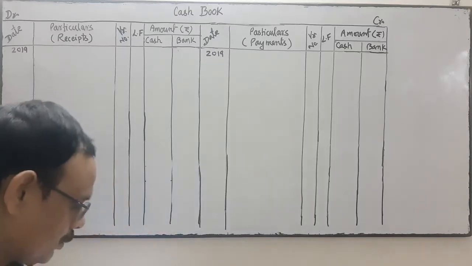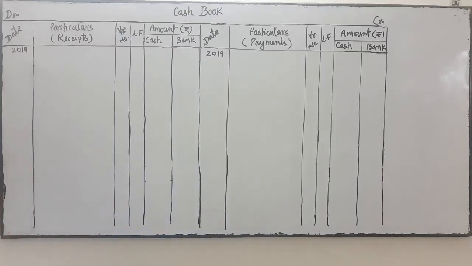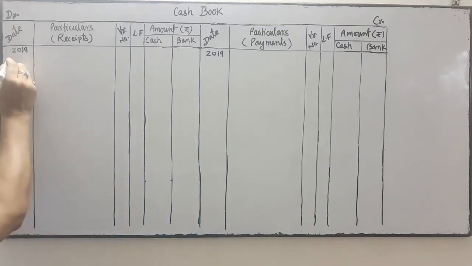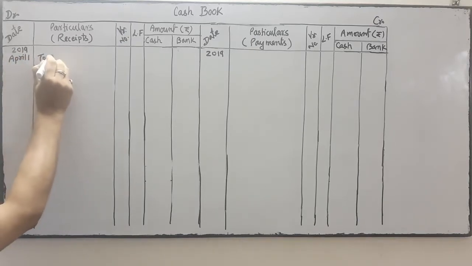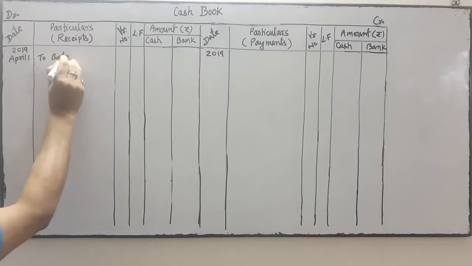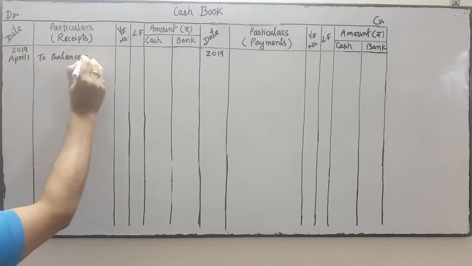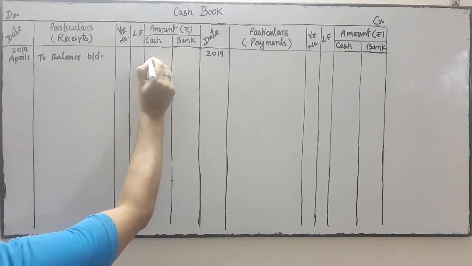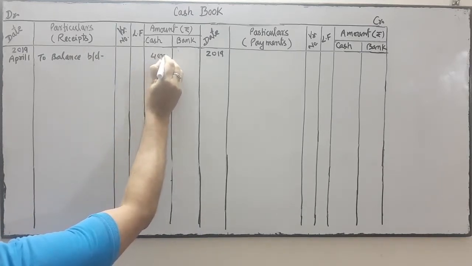So balance on April 1st, balance of cash in hand 4,000. This is the first date, April 1st. The balance of cash we will write on the debit side because cash has a debit balance, balance brought down, 4,000.